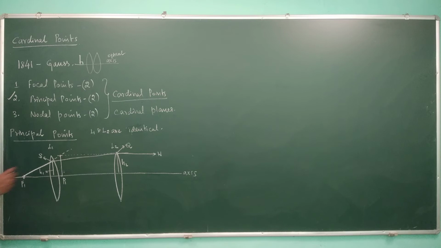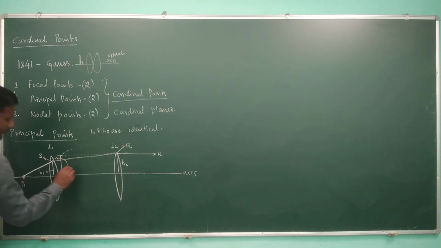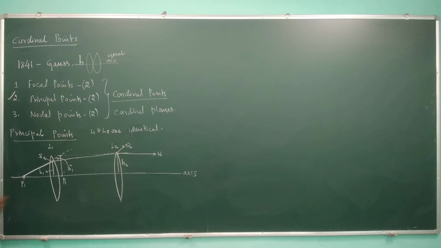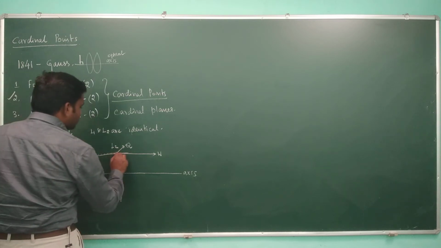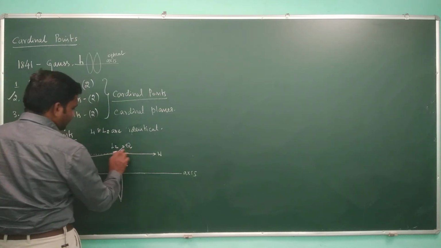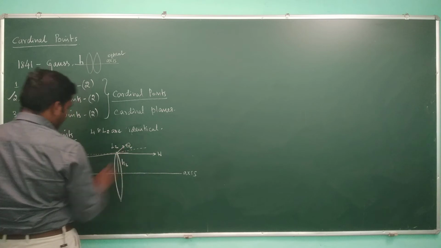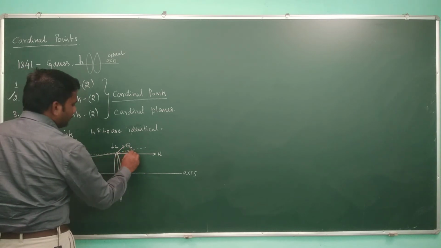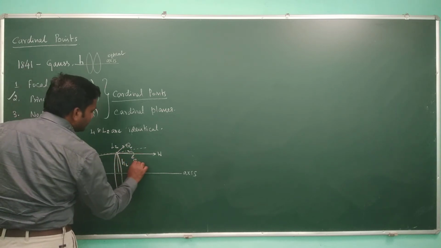Now here you can define an angle between the unrefracted ray and the refracted ray. It is delta 1, that is the angle of deviation 1 at the lens L1. And similarly, if you extend this forward, this line will travel like this. Here you can define another angle, delta 2.